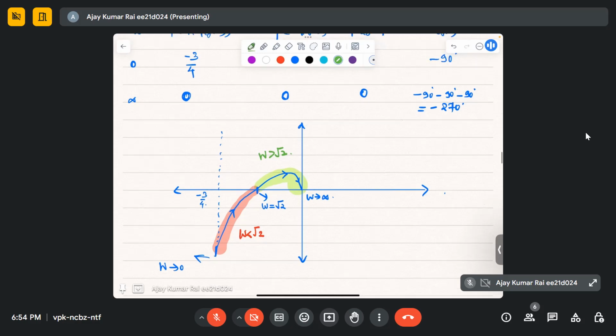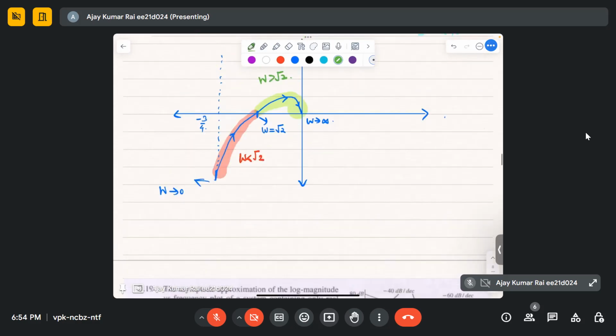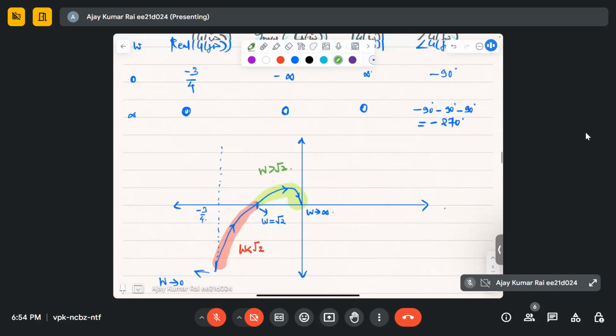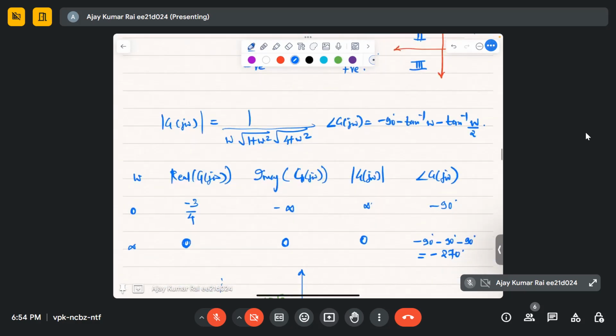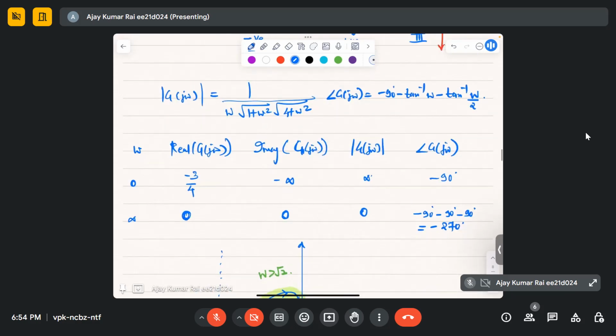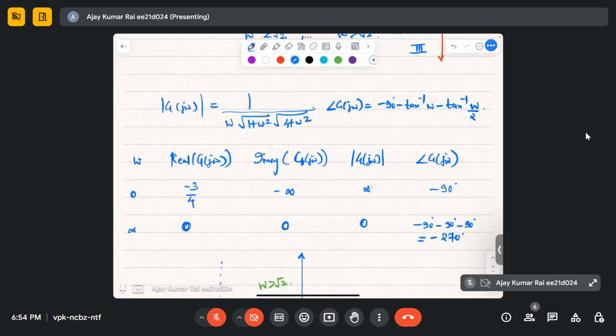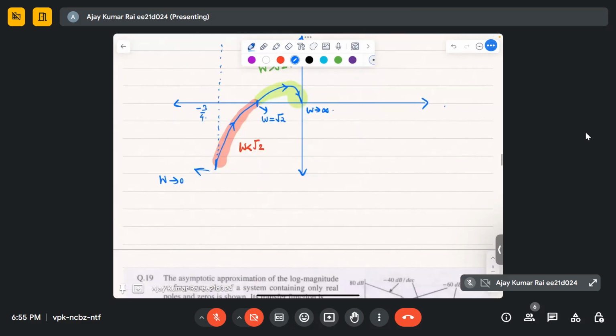Can you find out what is the magnitude here at omega equal to root 2? Just put omega equal to root 2 in this. One by root 2 into 1 plus 2, so 2, this is 4, 4 plus 2.